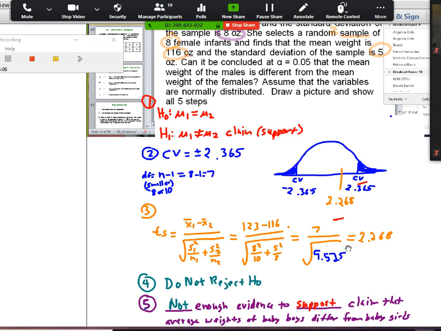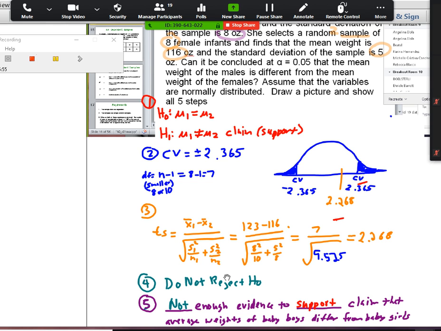So again, it depends on what your claim is. Whenever your claim is different, differs, greater than, or less than, then you're going to use the word support. The reason for that, you can either accept it or just write it down and know it, is this: we are doing this whole test to put H naught on trial.